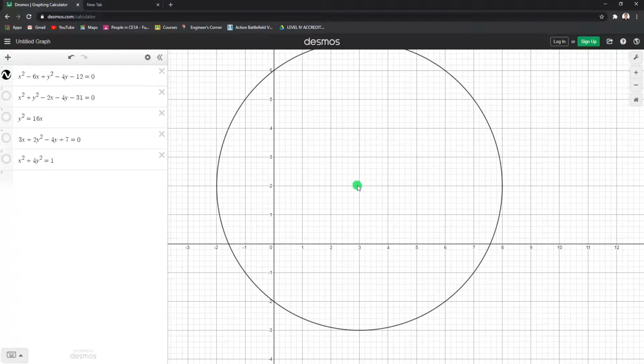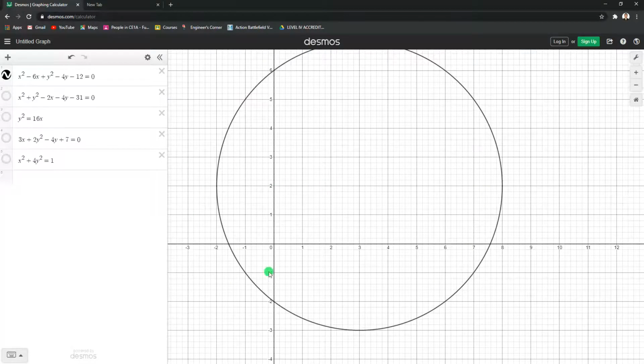Then we have a radius, the distance in any direction from the center to the circle, which is equal to 5. So if this is your center, just count 5 units from the center: 1, 2, 3, 4, 5. It's also the same to the left: 4, 5. Then you can draw the circle.